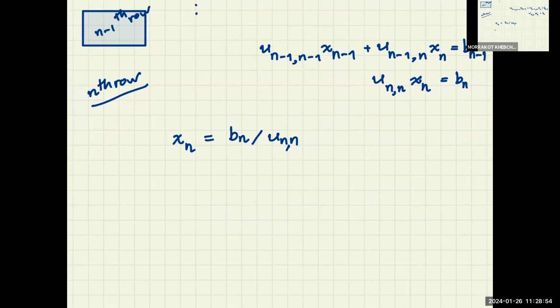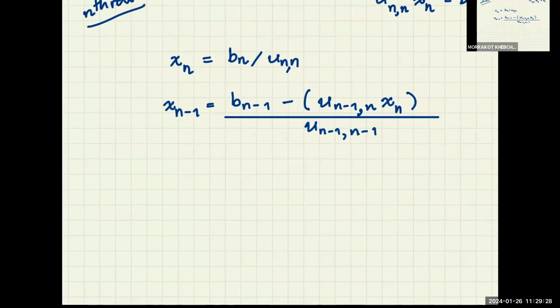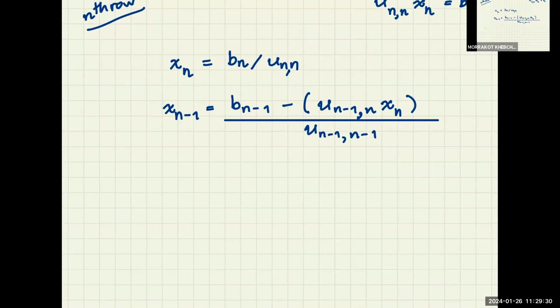Okay. For x n minus 1, it's going to be b n minus 1, subtract all the known values, u n-1,n times x sub n, divided by u n-1,n-1, right? Can you write down x sub n minus 2?